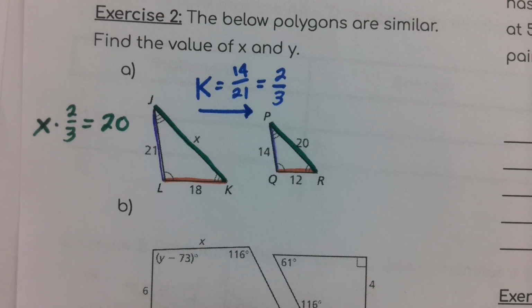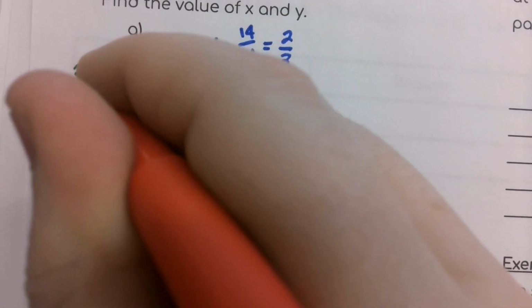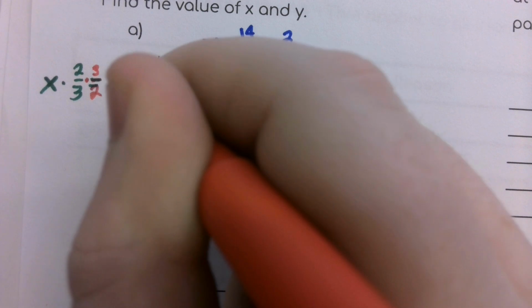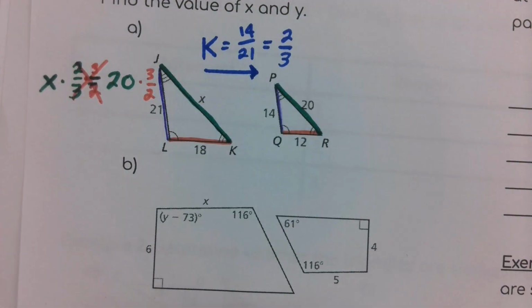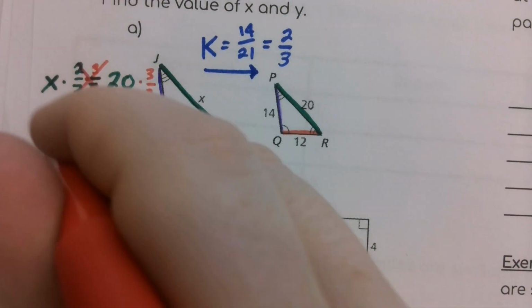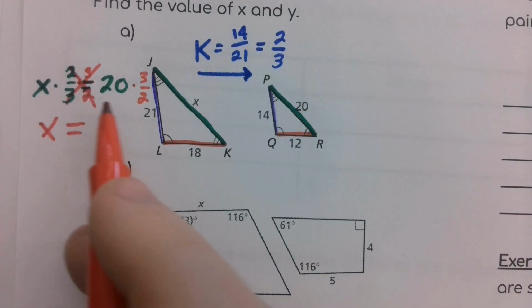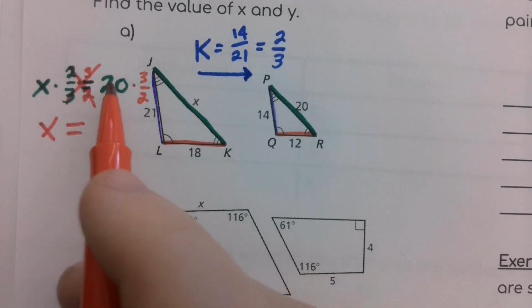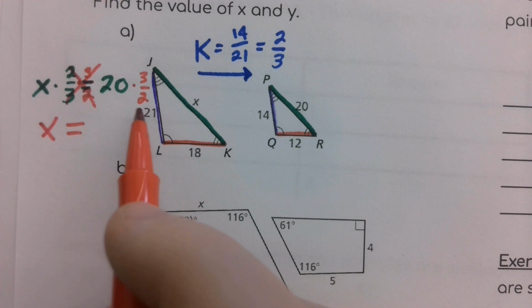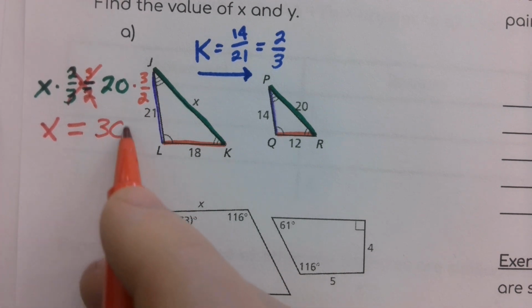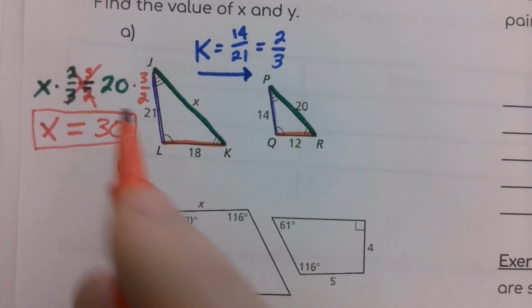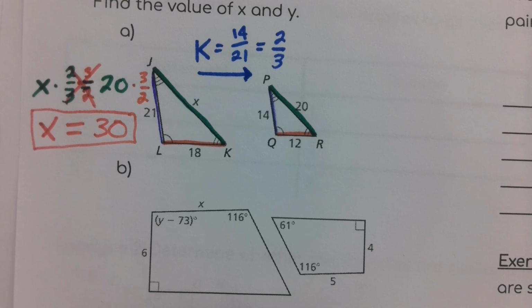My recommendation is, instead of dividing by a fraction, we know that we can multiply by the reciprocal. Keep, change, flip. Let's go to cancel out on the left side, giving us x equals, and 20 times 3/2 is the same as 20 times 3 divided by 2. It's going to be 30. So that's the way I would recommend doing this.